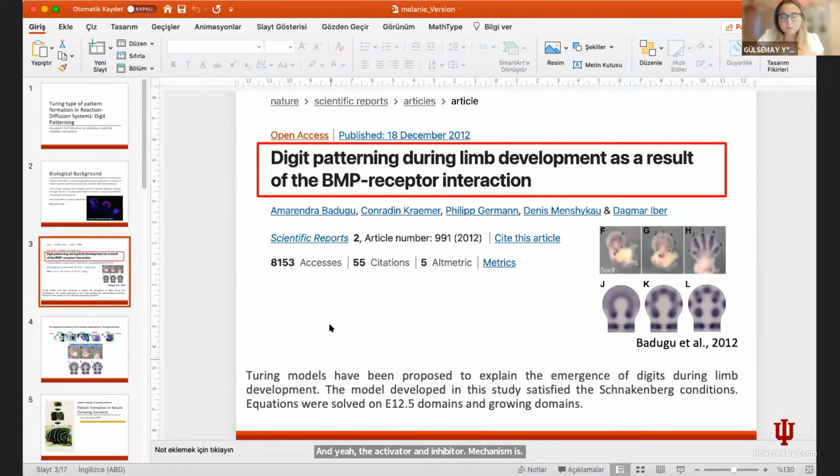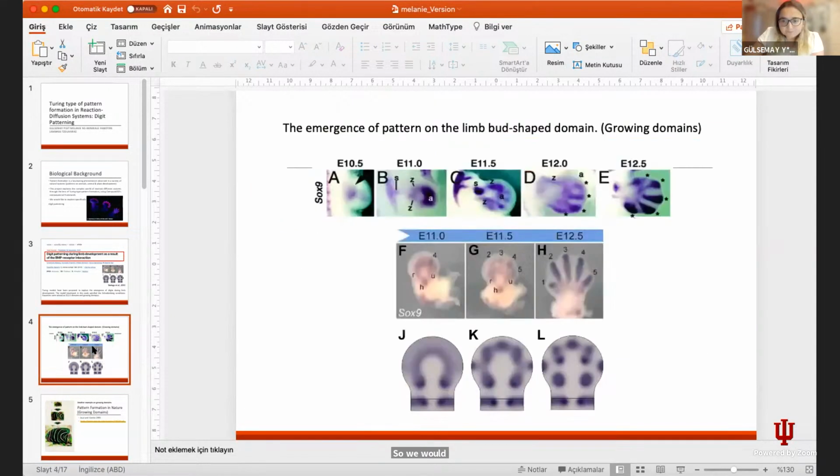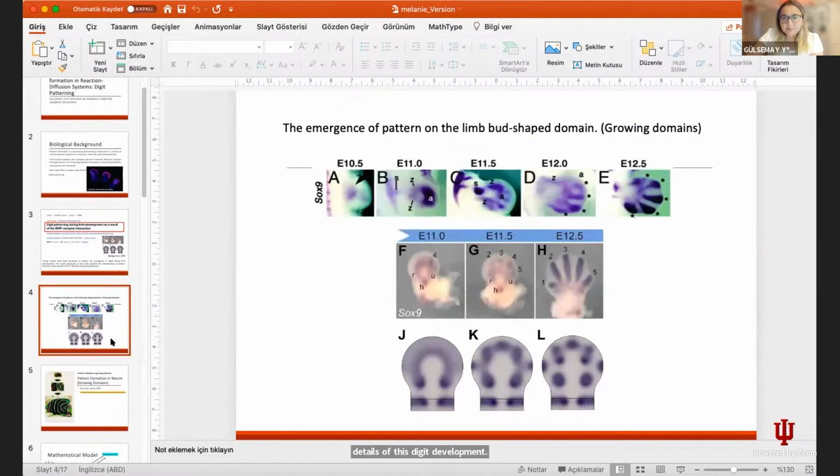For Turing type of patterns to emerge, we should have the paradigm that the inhibitor should diffuse much faster than the activator: long range inhibition, short range activation. This kind of condition also occurs in this case. So we would also be able to explore the details of this digit development. Here you can see the emergence of pattern formation during the development.